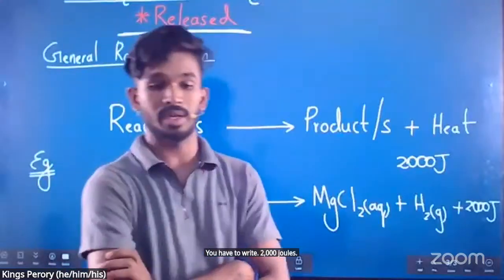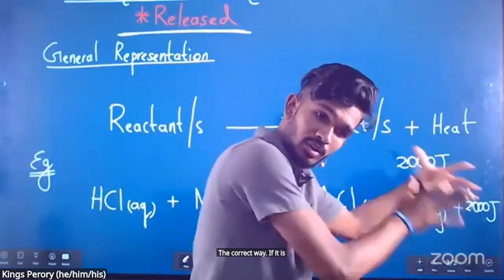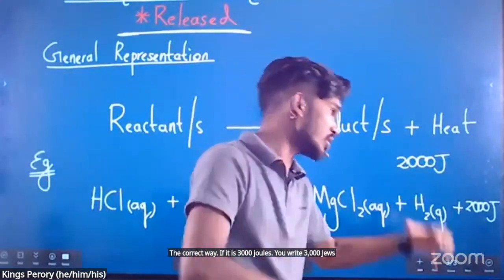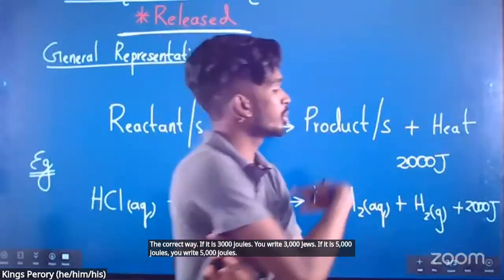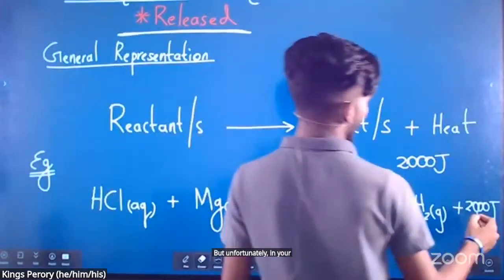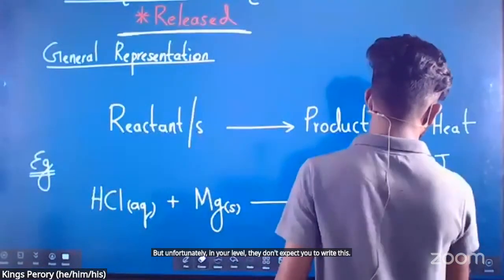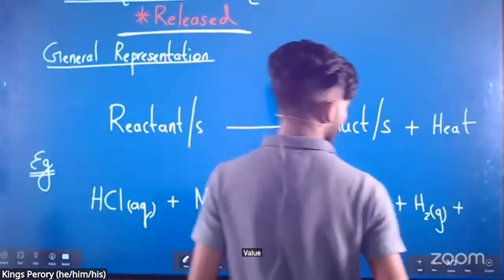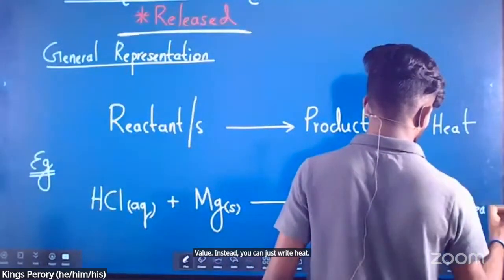That's the correct way. If it is 3000 joules, you write 3000 joules. If it is 5000 joules, you write 5000 joules. You calculate the amount of heat and write it there. But unfortunately, in your level, they don't expect you to write this value. Instead, you can just write heat. Heat is released.